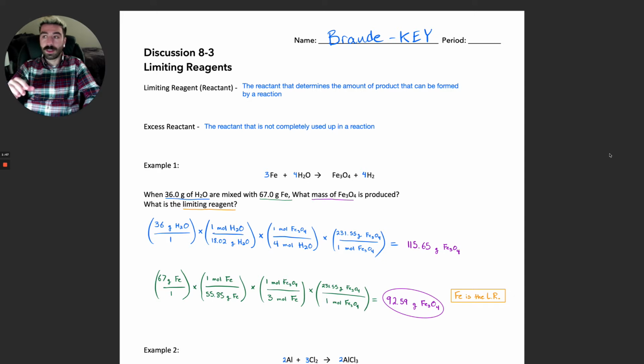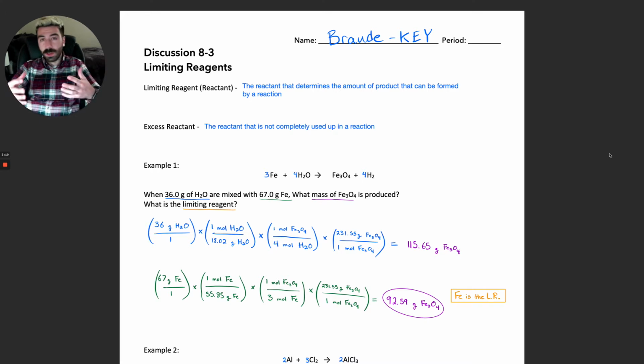Now, the opposite of the limiting reactant is the excess reactant. You might have heard the term excessive before. That means the same thing as in excess. And so the excess reactant is the reactant that isn't completely used up in a reaction. You might remember back in 8.2, you probably saw some questions that say, so-and-so amount of this reactant reacts completely with this, or reacts with excess blank.